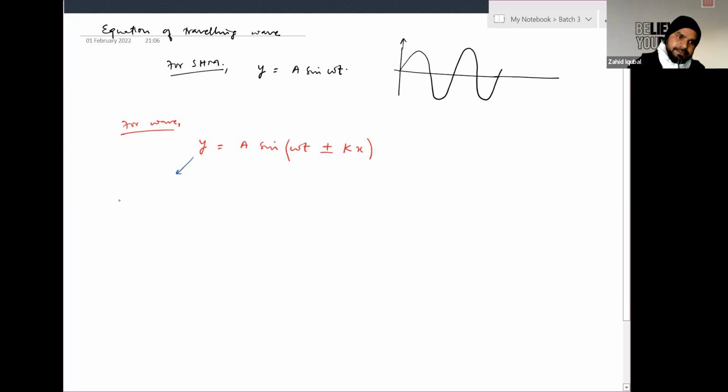Here, y is the displacement of particle. A is the maximum displacement, which is also called amplitude.